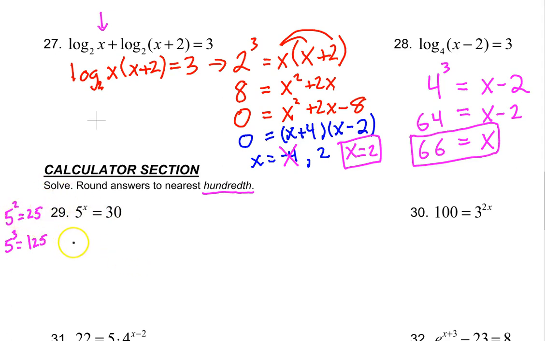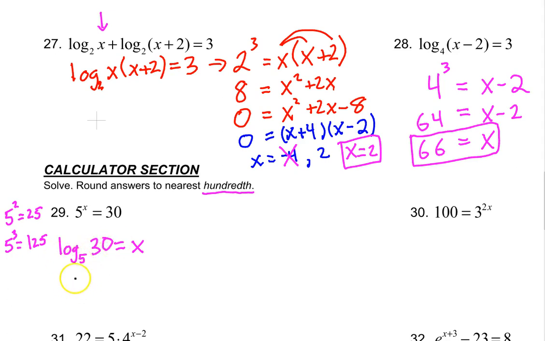And the way to do this is to take the log of both sides, or convert it to logarithm format. So two ways of doing this. If I convert this to the logarithm format, remember the answer is x, the base is 5, so log base 5 of 30.